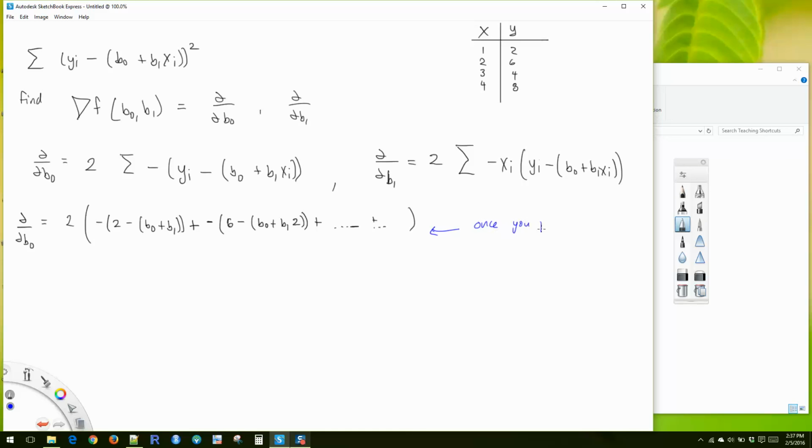Once you plug in the values of x and y, it is just a function of b0 and b1.